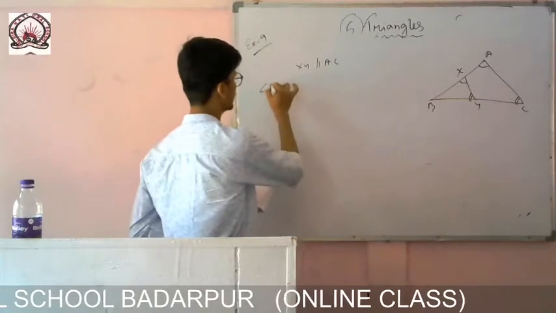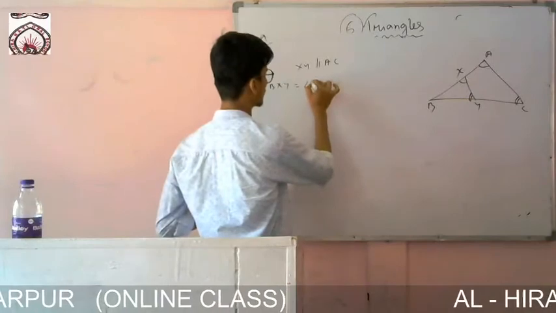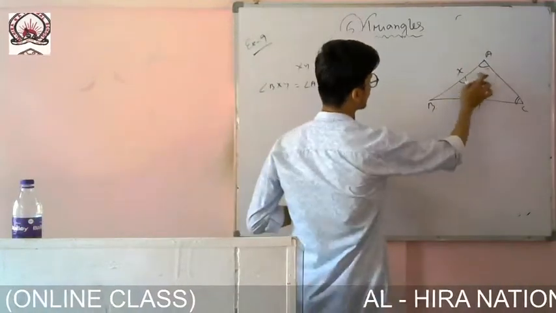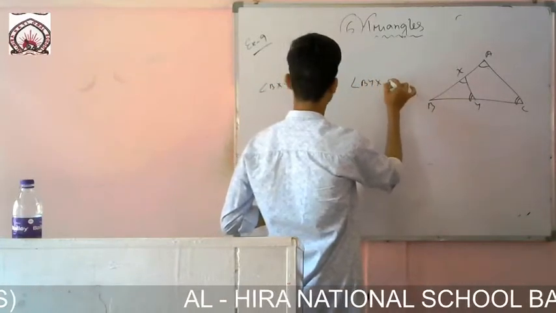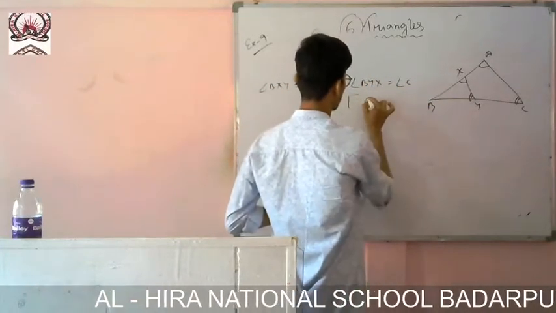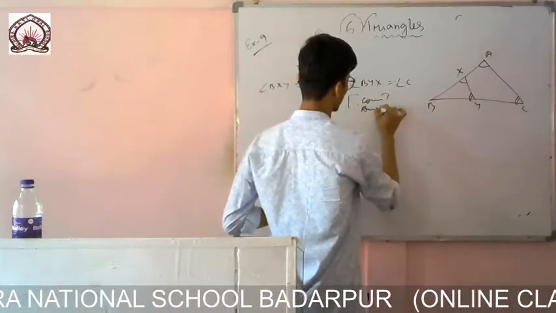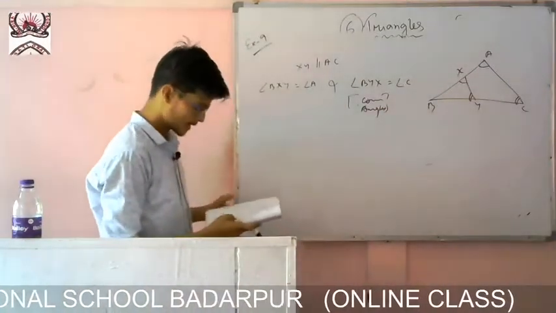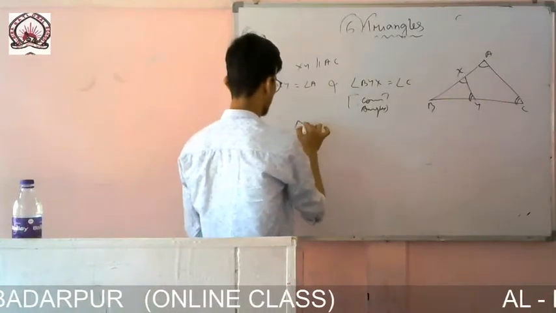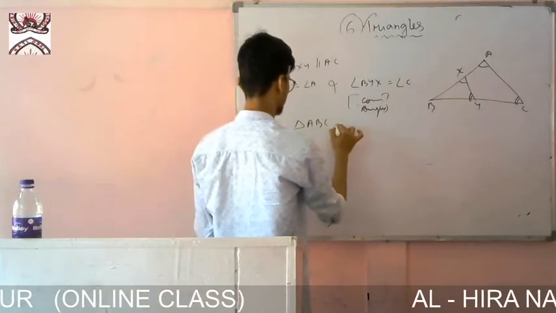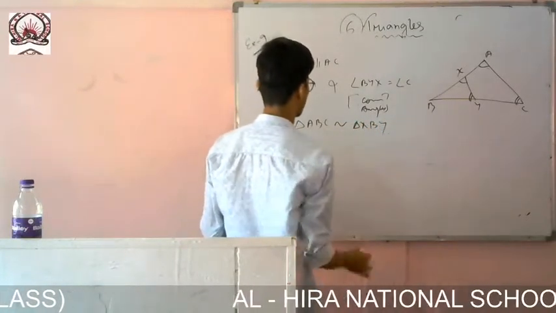So angle BXY will be equal to angle A, corresponding angle, and angle BYX is equal to angle C. Since corresponding angles are equal, if two angles are equal, then I can say that these two triangles are similar.